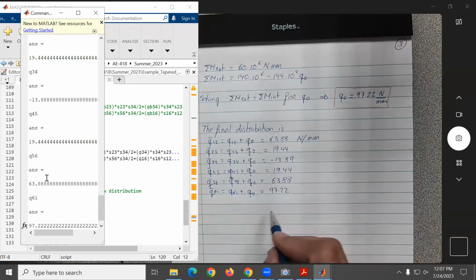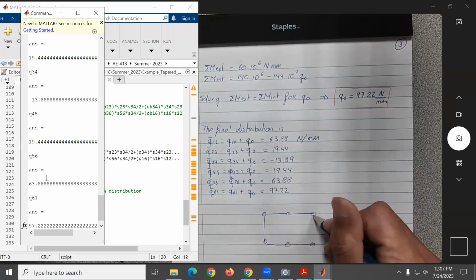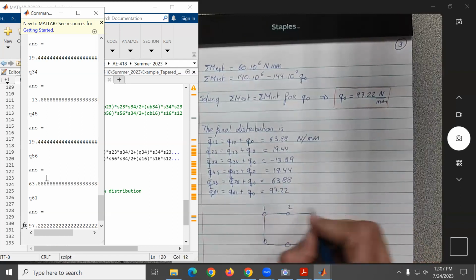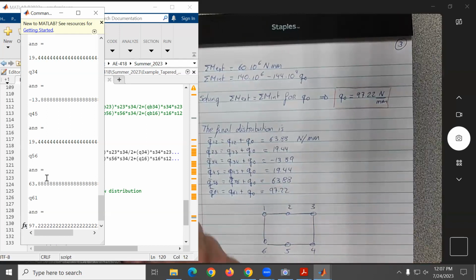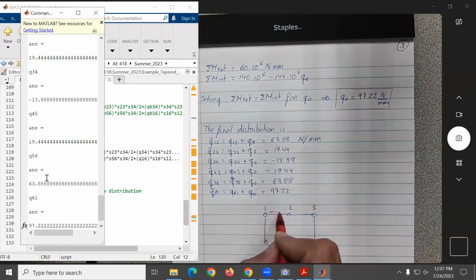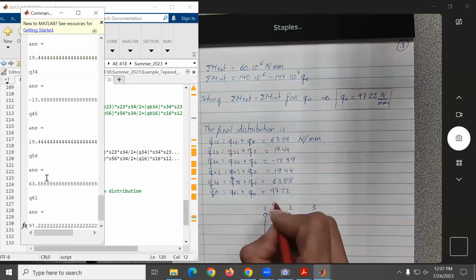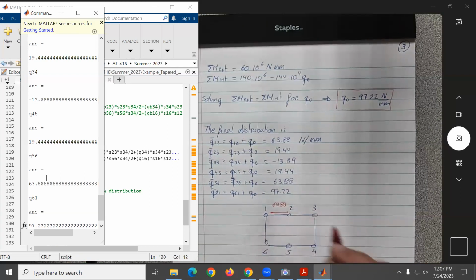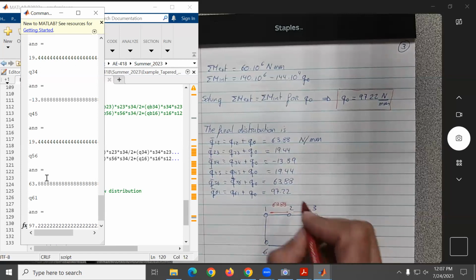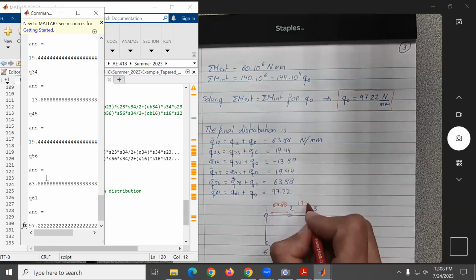Okay, so again, let's do a figure because we always do figures. One, two, three, 4, 5, 6. So let's see, Q12 is positive, so 63.88. Q23, 19.44.